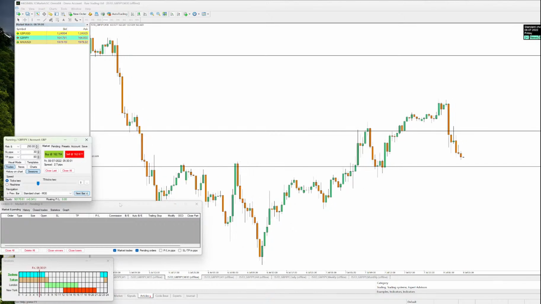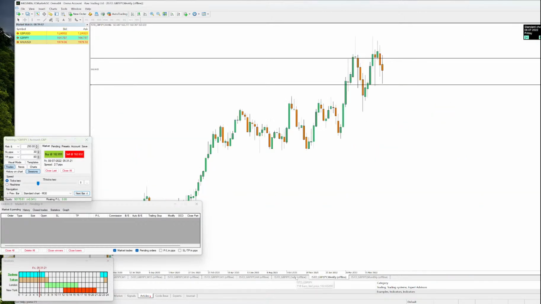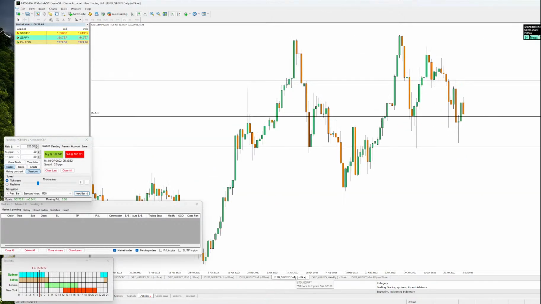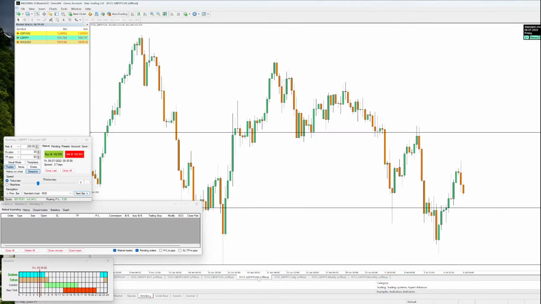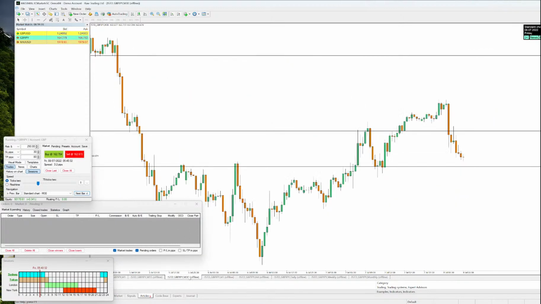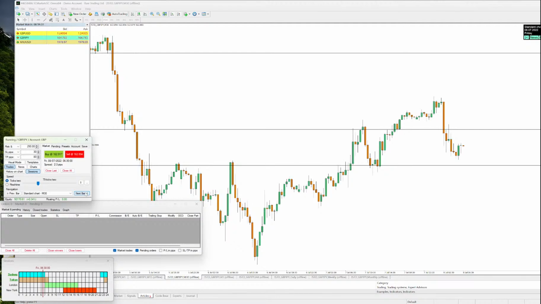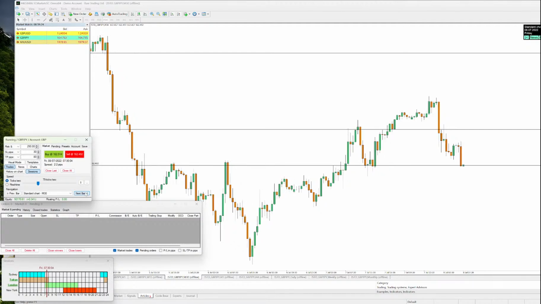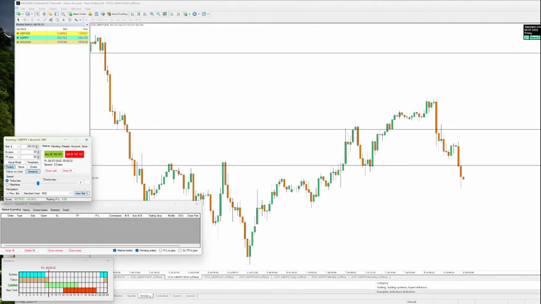What is happening? How does the weekly look like this? Daily closed bullish. This 4 hour is gonna look juicy to drive down. Oof. Ooh.